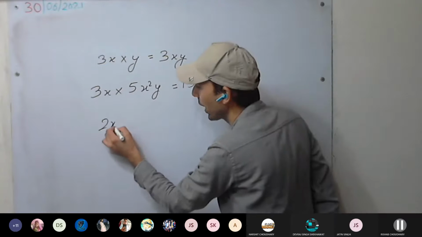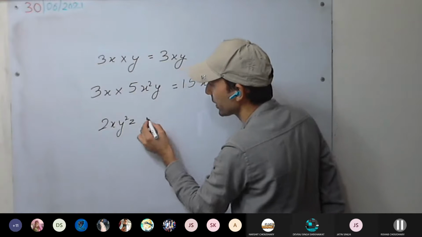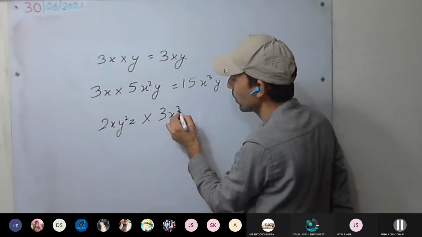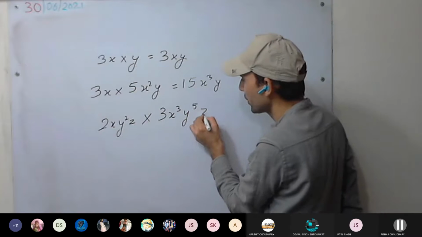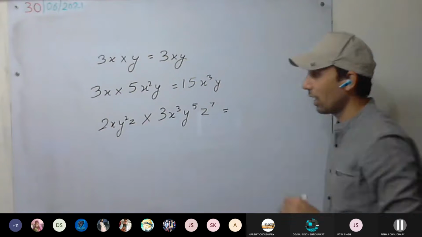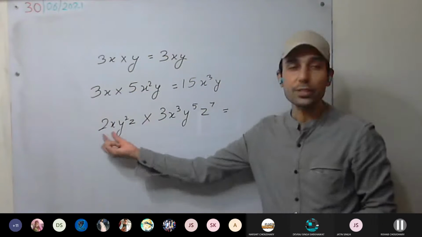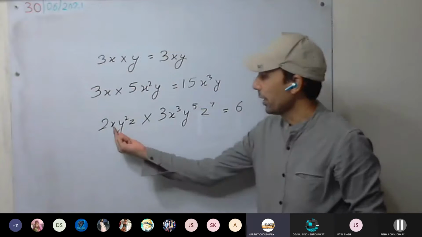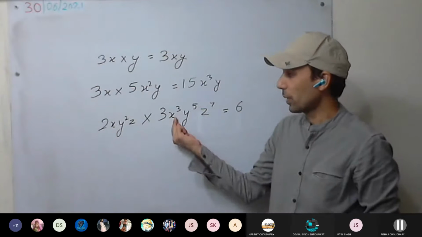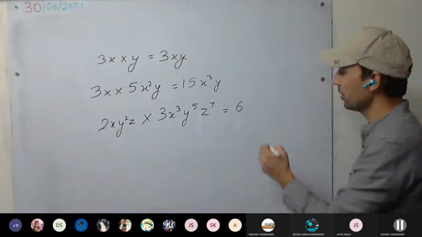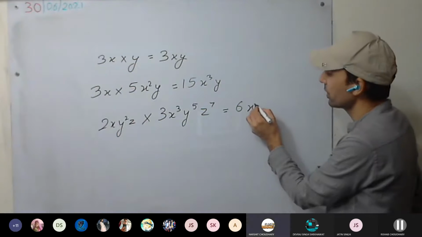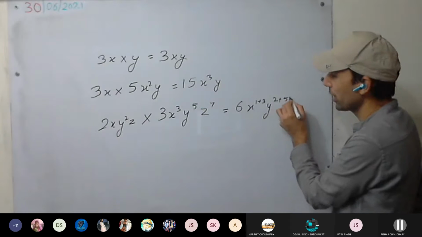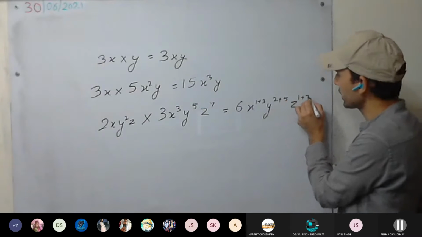Now 2x y square z into 3x cube y raised to power 5 z raised to power 7. How are we going to multiply this one? First the constants we will multiply, 2 into 3, 6. x to the power 1, x to the power 3, so total it will be x to the power 4. y raised to power 2 plus 5 and z raised to power 1 plus 7.